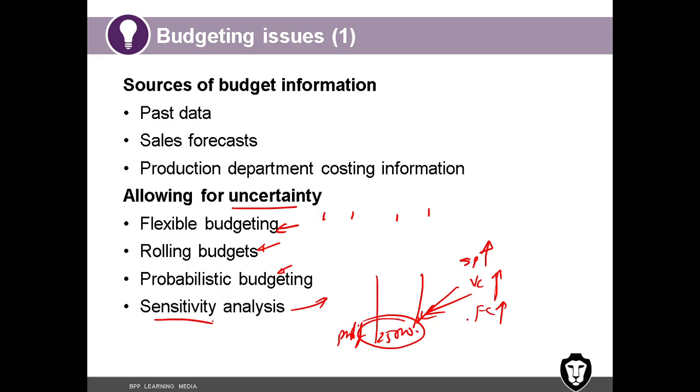If fixed cost increases, what happens to this profit? One by one, variable by variable, change them from the assumptions and see what happens to the profit. This is known as sensitivity analysis, kind of a stress test. Each variable, you pull it a little bit from the assumption, increase it, decrease it, and see what happens to the sensitivity, what happens to the NPV. That's known as sensitivity analysis.